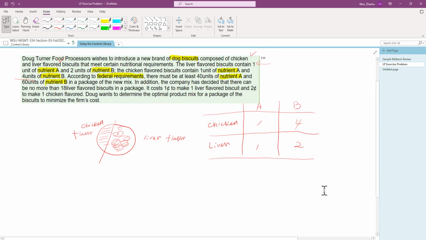At this point, maybe it's easier to think about what our decision variable is going to be. Most likely it's some kind of maximization or minimization based on the quantity of each biscuit.